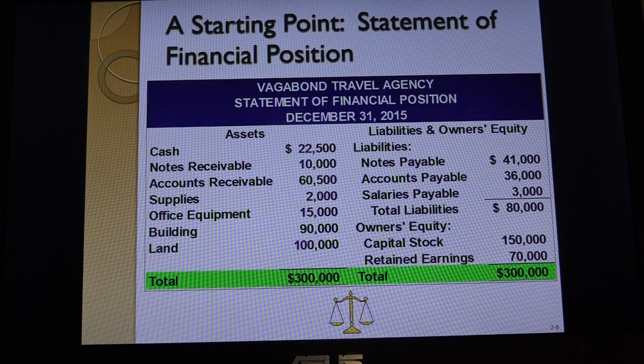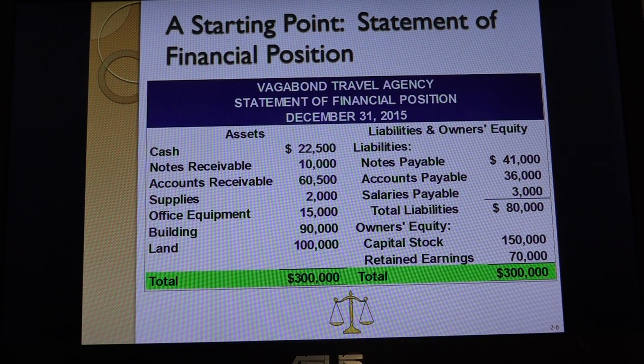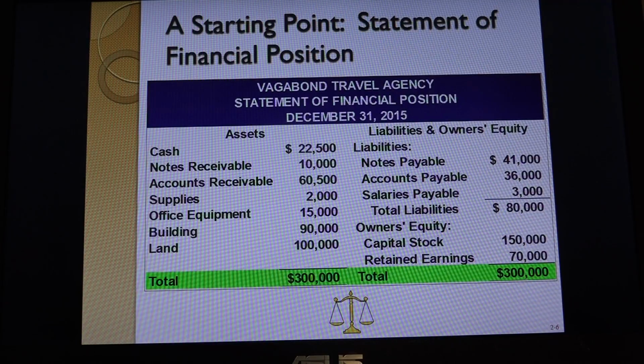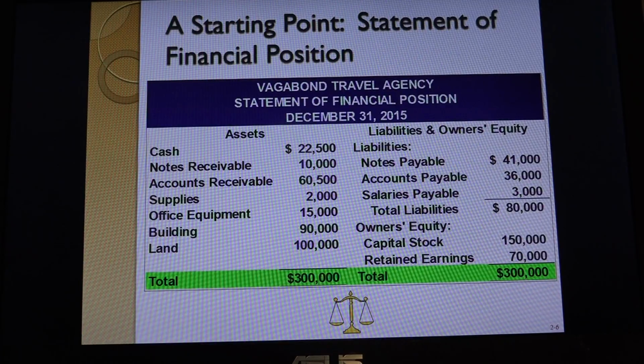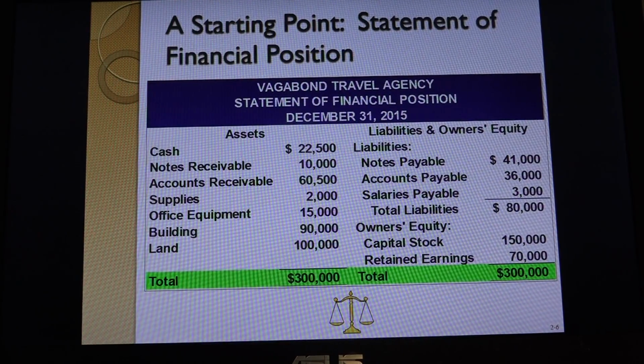Now note here, this is why we call it a balance sheet. The assets in this case are $300,000. The liabilities and owner's equity on the right also total $300,000. So that's why we call it a balance sheet. One thing you'll see here in a minute is this thing called an accounting equation.